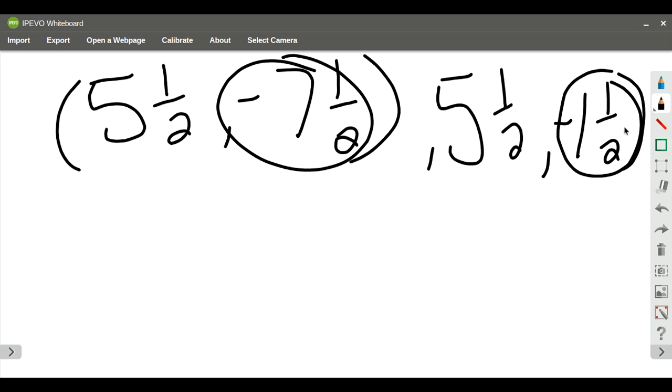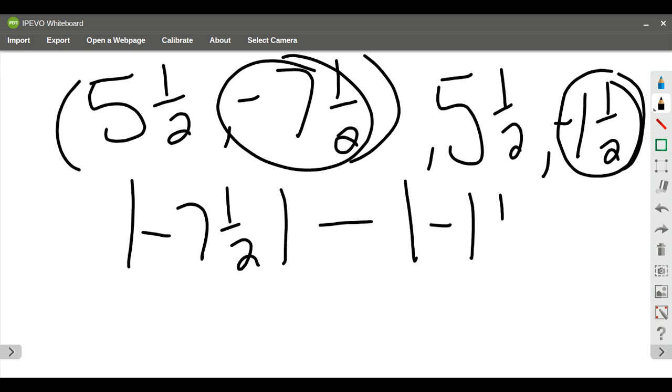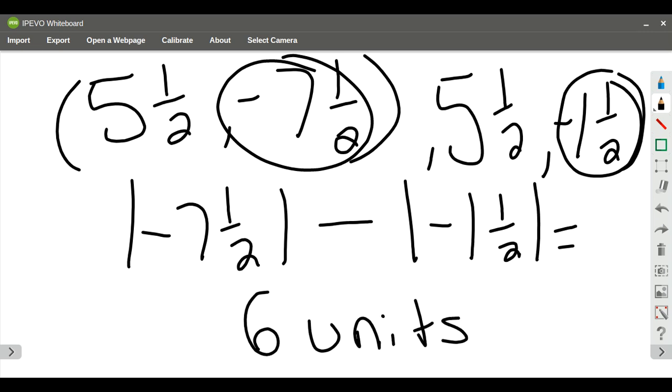This is in the same quadrant because I have positive x's and negative y's. Same quadrant means I'm going to subtract to find the distance between the two coordinates. So I'm going to take the absolute value of -7.5 and subtract from it the absolute value of -1 and 1/2, which is going to give me a value of 6 units.